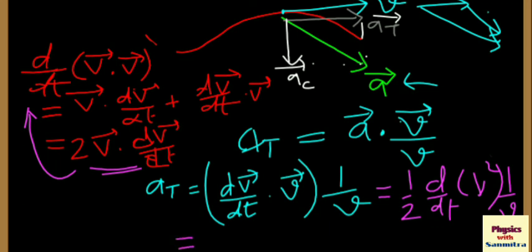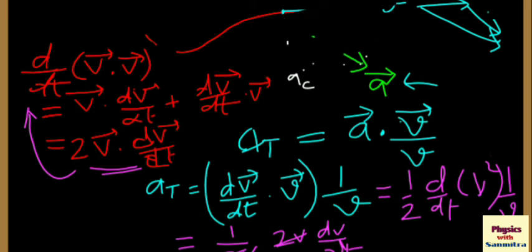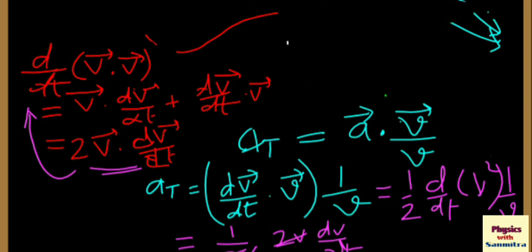So it will be 1 by 2v into 2v dv by dt. 2v and 2v will cancel. So ultimately what we are getting here is that at will be dv by dt.